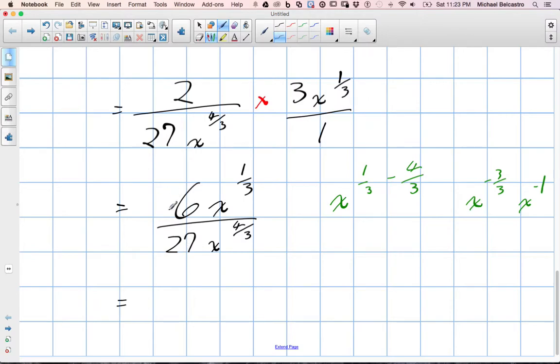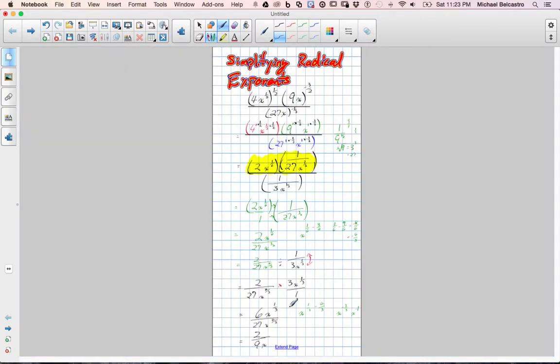We can divide both of them by the value of 3. 6 divided by 3 gives us 2. 27 divided by 3 gives us the value of 9. And we said we'd put x on the bottom to make it positive, so we finally get 2 over 9x as our final simplified version. Quite a long process to simplify this complicated radical exponent.